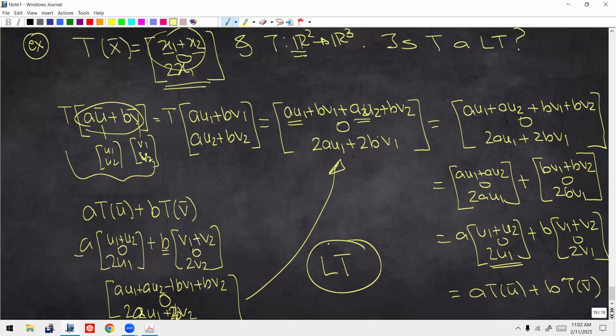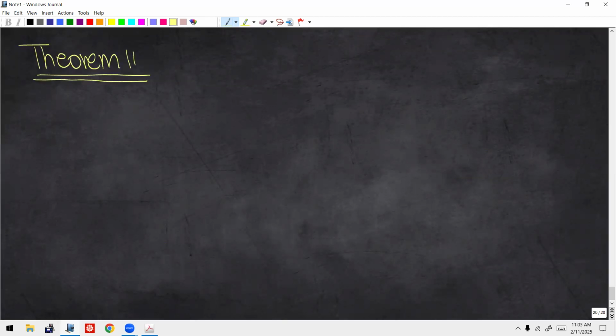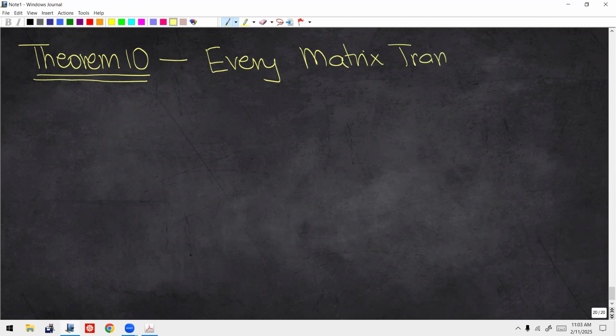Okay. The last thing I want to talk about is a theorem. I can't remember the number. I want to say it's 10, so I'm going to put 10. If it isn't, then we'll have to fix it. Okay, but this theorem states that every matrix transformation, we talked about matrix transformation earlier. So every matrix transformation, okay, so it's written like this.